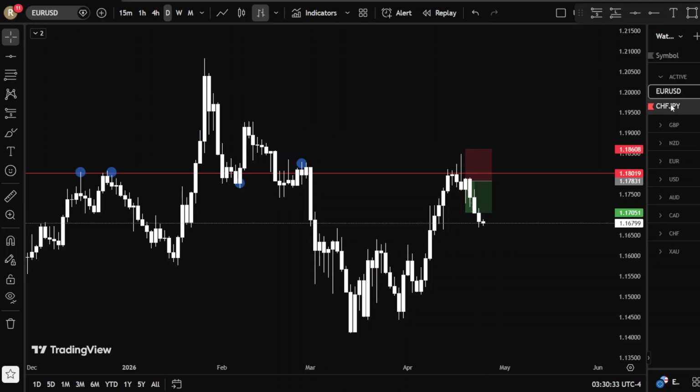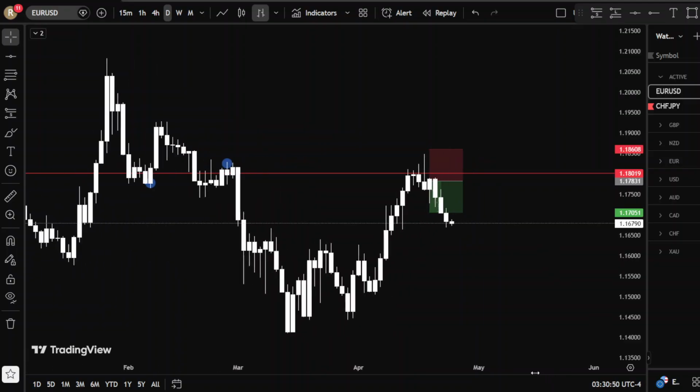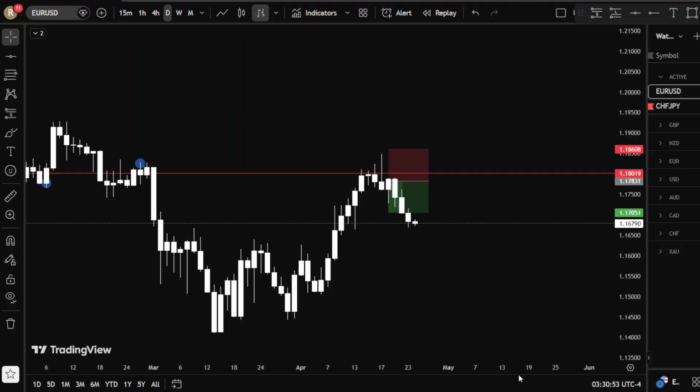But I just entered CHFJPY on the daily time frame. I don't overthink this stuff. I just look for a rejection candle of an interesting area, and that's about it. I'll go for a 1-to-1, and I look at the trade, of course, and see if it starts to go back up again.